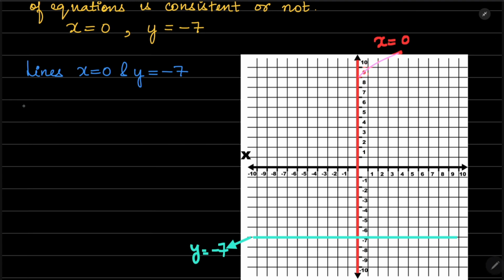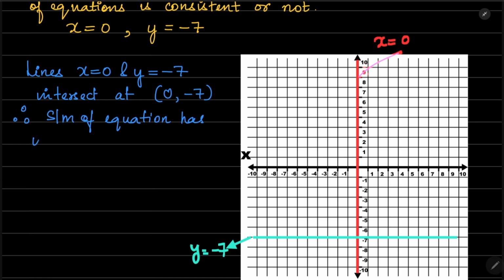Therefore, the lines intersect at 0 comma minus 7. What should you write? Since the lines are intersecting and they intersect at only one point, the system of equations has a unique solution.